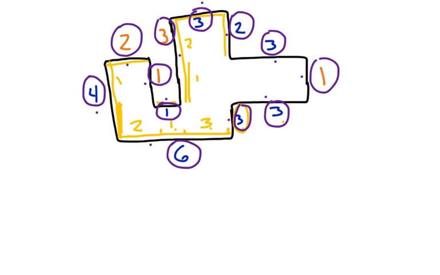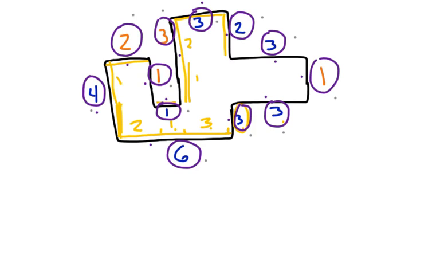So I better be adding up 12 numbers to get my perimeter. This is a pretty complicated figure, but we found them all. Let's make sure I have 12 numbers in my circles. I have 1, 2, 3, 4, 5, 6, 7, 8, 9, 10, 11, 12 numbers in my circles, 12 sides of my diagram, so I just need to add all of those up to get the perimeter.